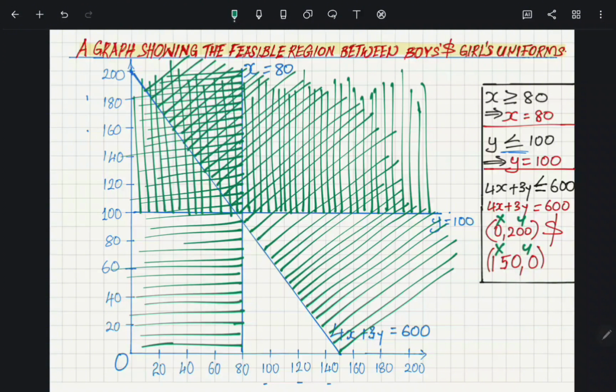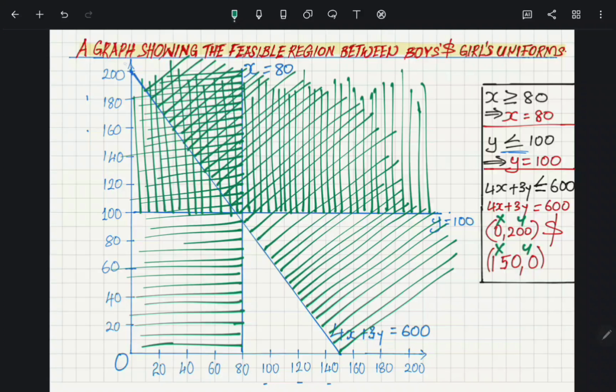That means we also have to shade the negative sides of the x-axis and the negative sides of the y-axis. And I forgot, by the way, to label the axis. I can't believe I made that mistake, but I'm telling you this, never make that mistake. You should always label your axis.